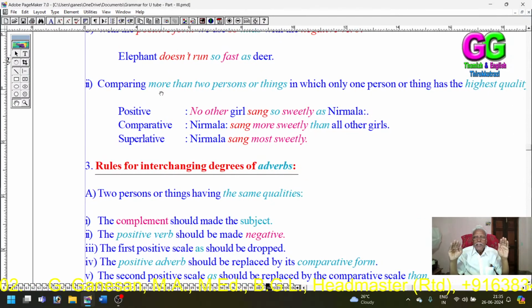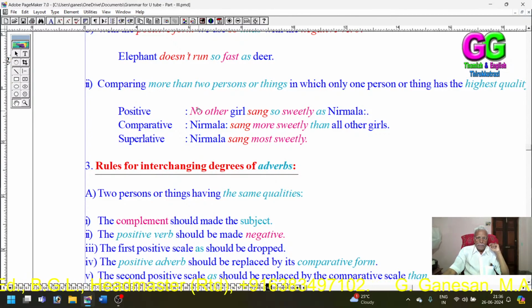Thirdly, comparing three or more persons or things, of which only one person or thing has the highest quality. How they should be compared in all the three degrees. What are the scales used here?